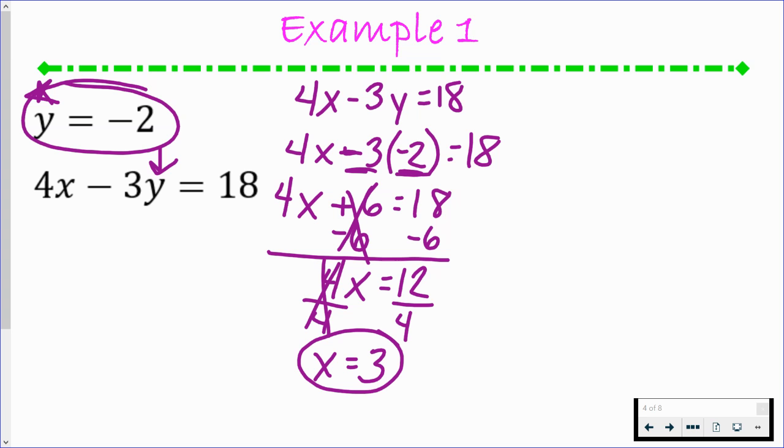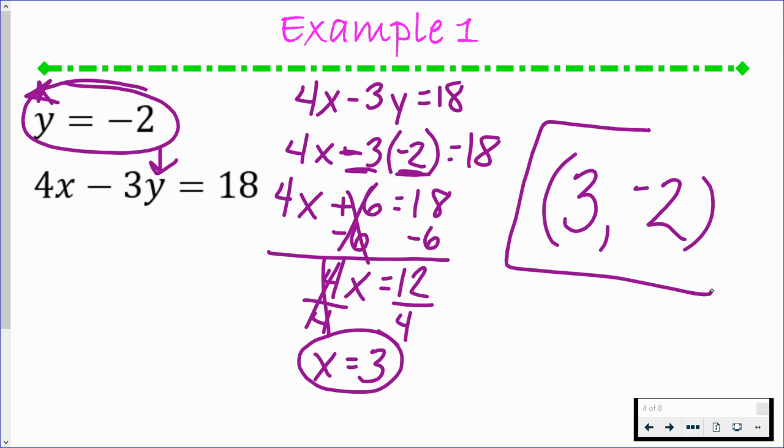Therefore, I could just put together my solution, which is 3, -2. So again, that means that this system has one solution, and that solution is 3, -2, which means on a graph, that's exactly the intersecting point that these two lines would meet at.